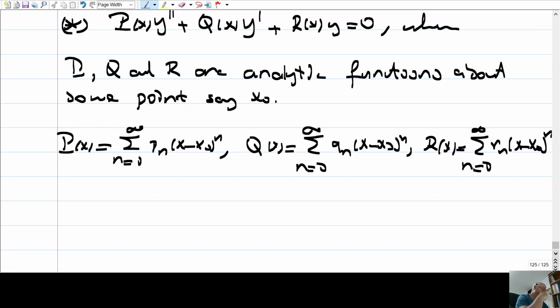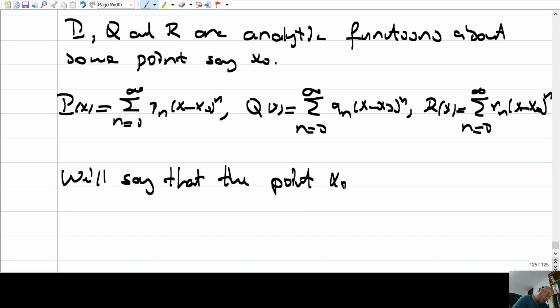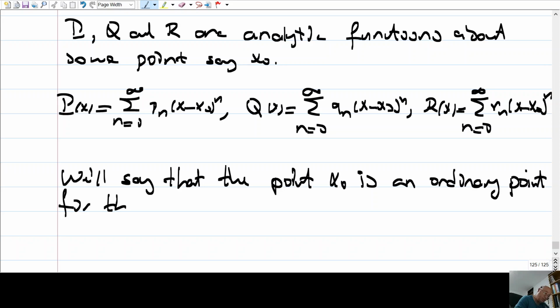Okay, we will say that the point x0 is an ordinary point for the equation if the leading coefficient function is not 0 at x0.